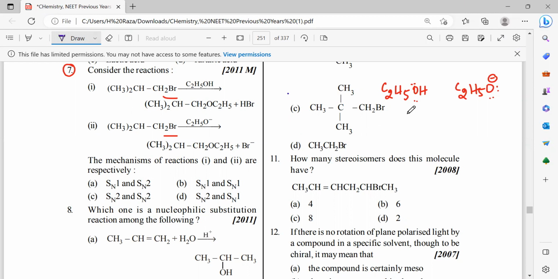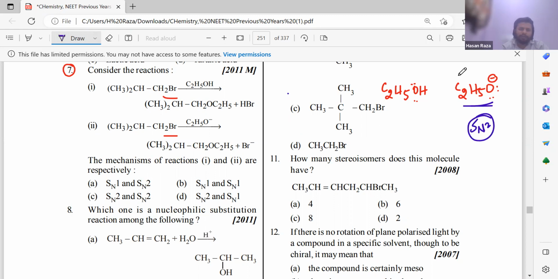The negative one. So always remember, SN2 needs a strong nucleophile, that means more nucleophilicity, and in SN1, a weak nucleophile also works. As you can see, in the first one, a neutral nucleophile is there, that means a lone pair nucleophile. So this will be for SN1, and this is your strong nucleophile, so it will be SN2. So the answer is E.